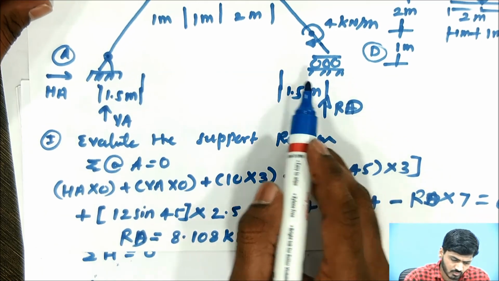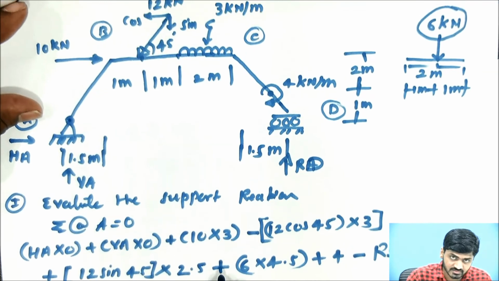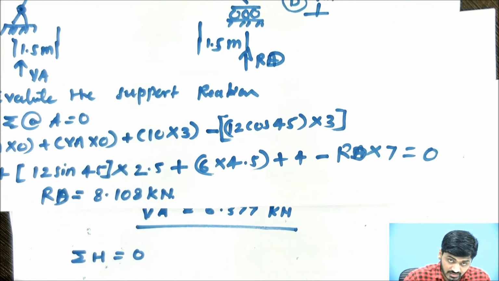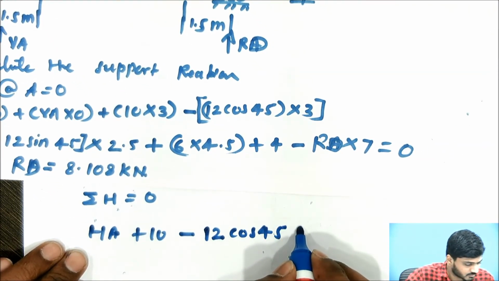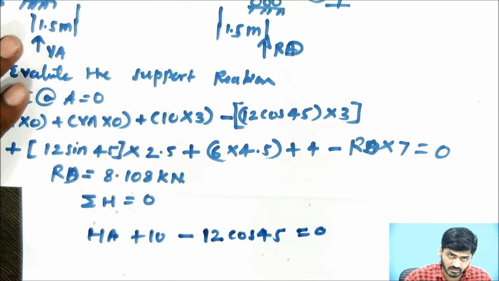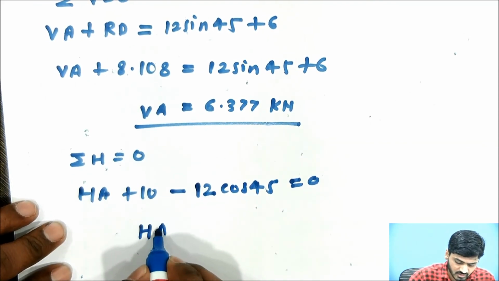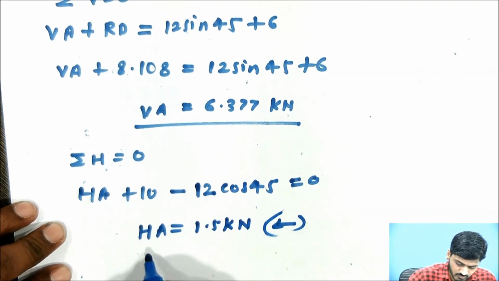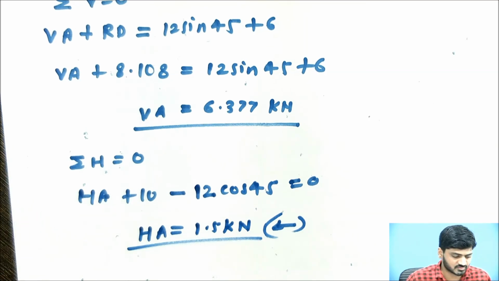Then the next value is 10 kilonewton, right-hand side positive, and minus 12 cos 45, as it moves to the left-hand side, equated to 0. Now you may identify the values. So HA comes 1.5 kilonewton, negative. Like this, we can easily calculate the unknown forces.